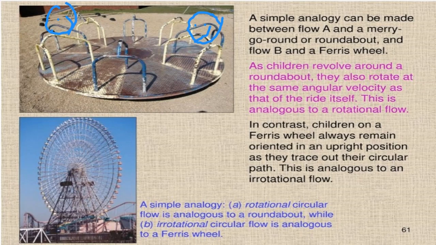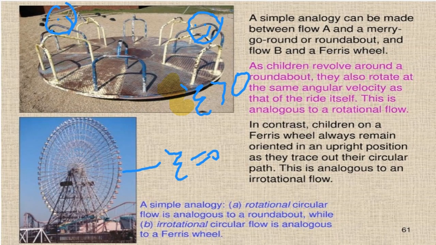They just stay as they are. So it's not rotational. Here we have vorticity greater than 0, but here we have no vorticity. So this one can be considered to be rotational. This is just an analogy. They're not fluid flow, of course. Just as an analogy, this is like a rotational flow, whereas this one is a non-rotational or irrotational flow.